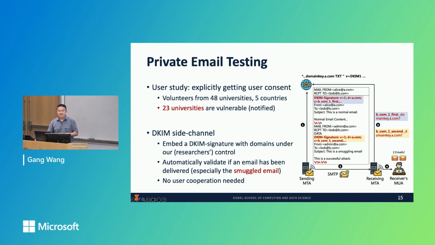So if you embed the DKIM signature, which is the yellow part, in the second smuggled email, and the second email was successfully split into two and formed, that DKIM signature will become a valid signature, and they will contact your server to do verification. So you actually can know that the email was successfully created on the receiver side without any user cooperation. Right? So this is a side channel that allows you to verify the outcome of the results passively.